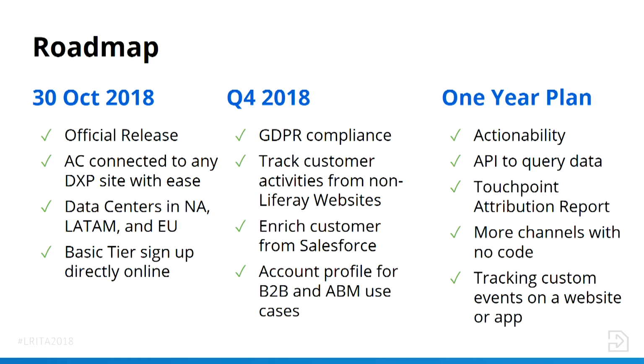This free tier has some limitations, like 1,000 known users and 300,000 page views. Okay, it has some limitations, but you can use it. Then we have a basic tier and an enterprise tier.